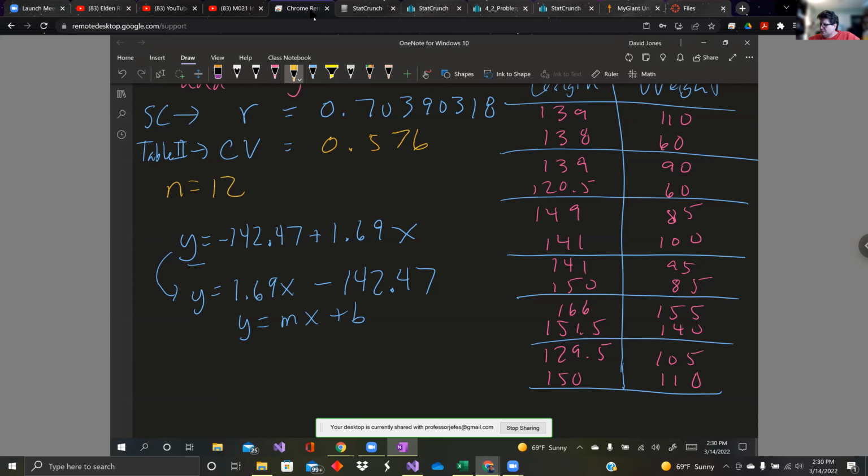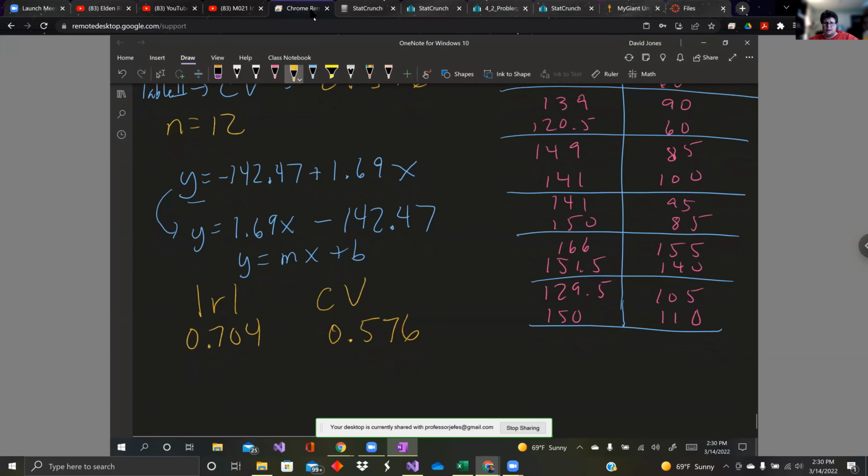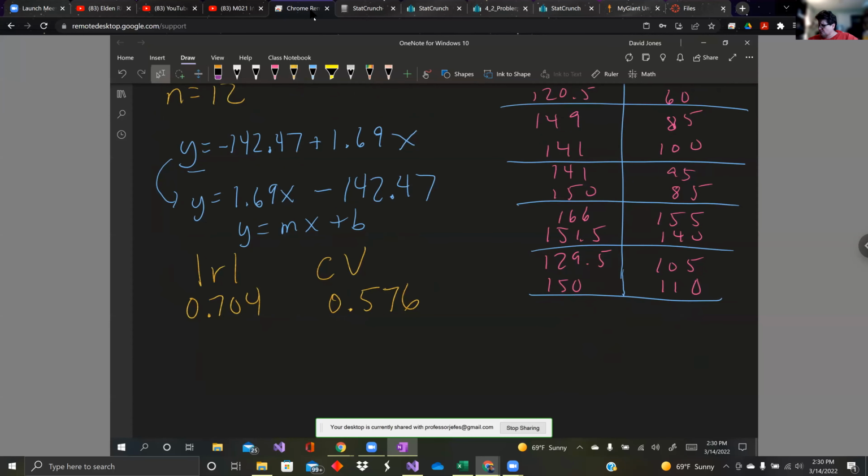And then what we do is we compare the absolute value of R with the critical value. The absolute value is just make it positive. Since my critical value is in 3 decimal places, I'll just do 3 decimal places for my R. And if I were to do that, it would be 0.704. And of those two, the R value is bigger.